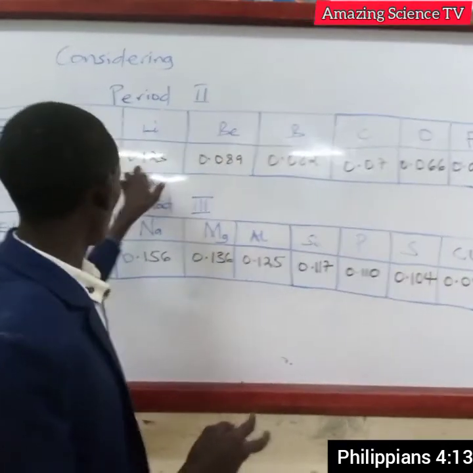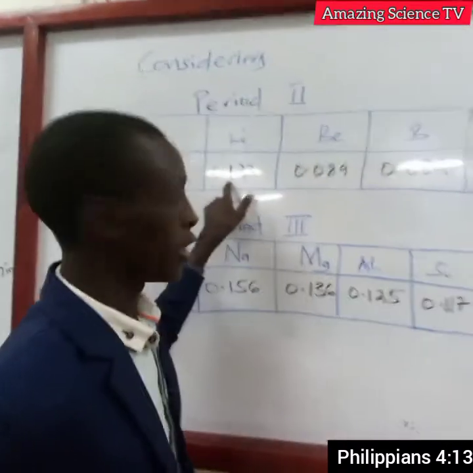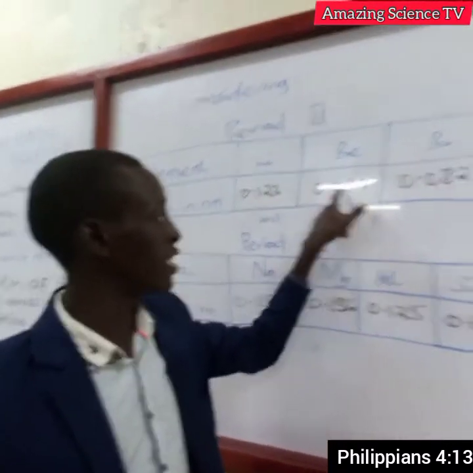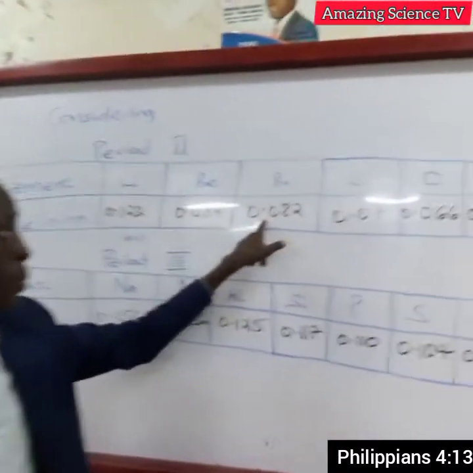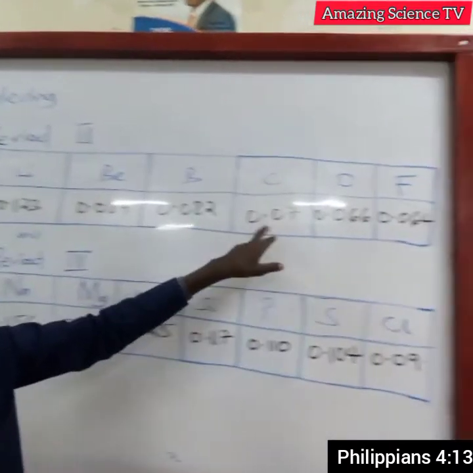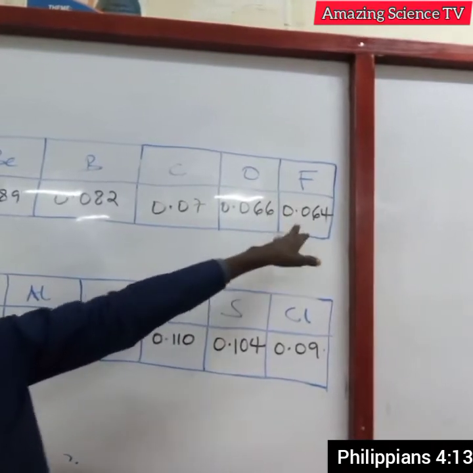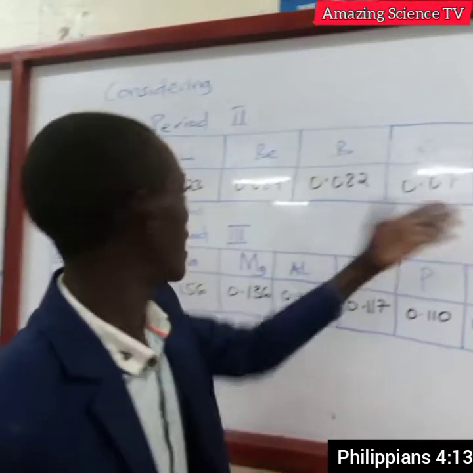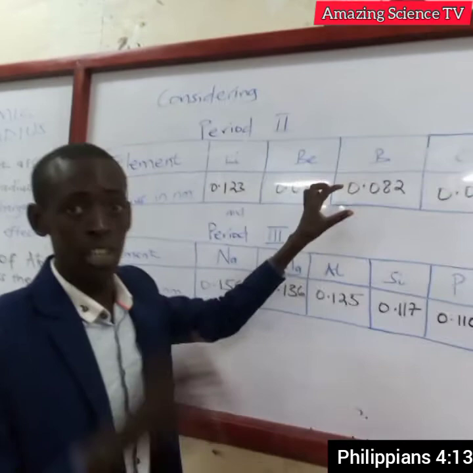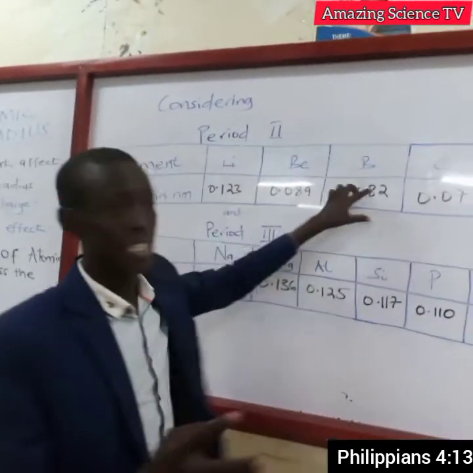As you can look at this, you see we have 0.123 here, we have 0.089, we have 0.082, we have 0.07, we have 0.066, 0.064. So that is the variation of atomic radius across this period.